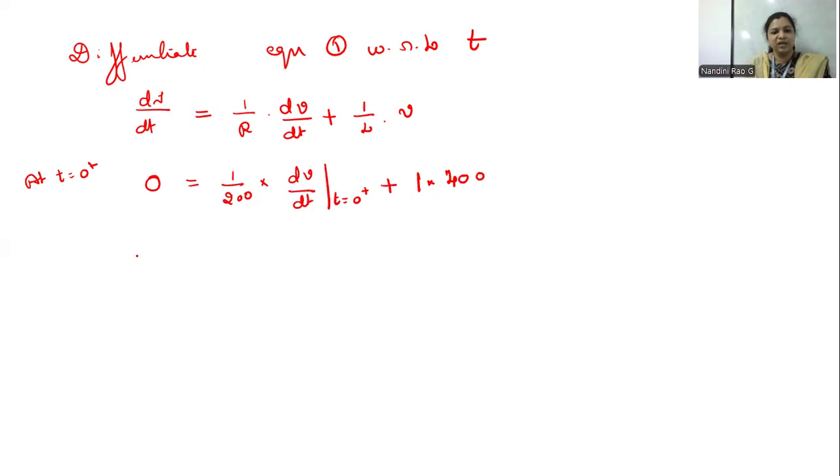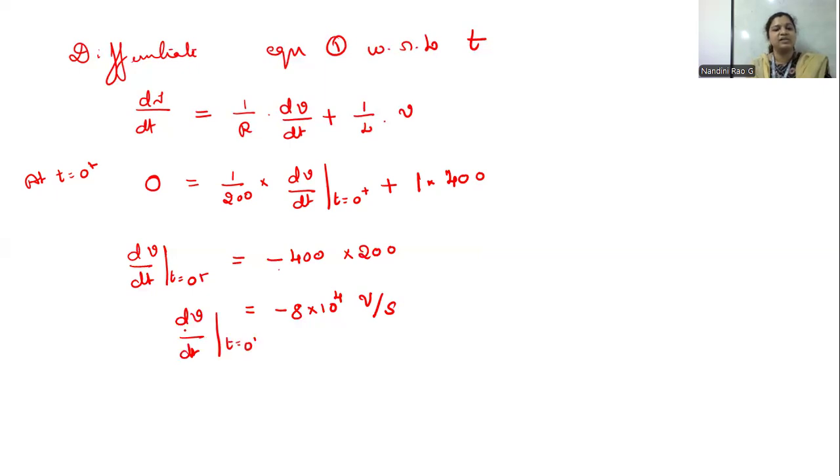So dV by dt at t equal to 0 plus equals minus 400 into 200, taking this one to the left side. So this will be minus 8 into 10 to the power 4 volt per second. This is dV by dt at t equal to 0 plus.